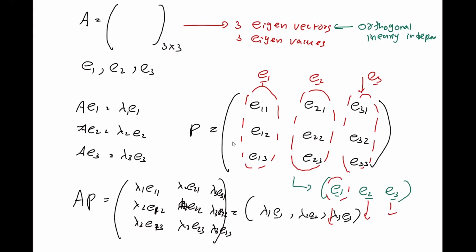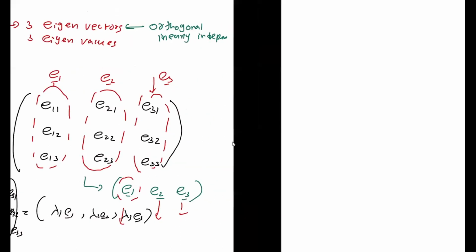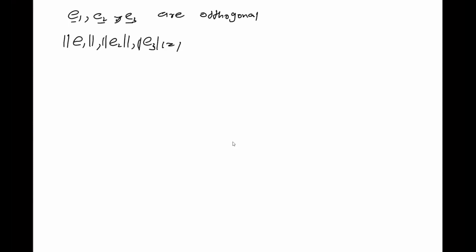So then what is the importance of this? Now, let's say for a moment, E1, E2, and E3 are orthogonal, and each of these norms is equal to 1. So let's see what happens.